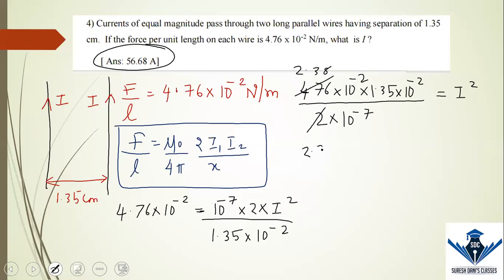So 2.38 into 1.35 into 10 to the power, the minus 7 goes up, so plus 7 and minus 4, is 3, equal to I squared.